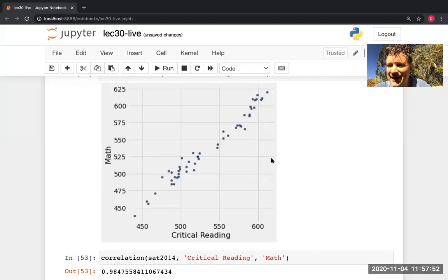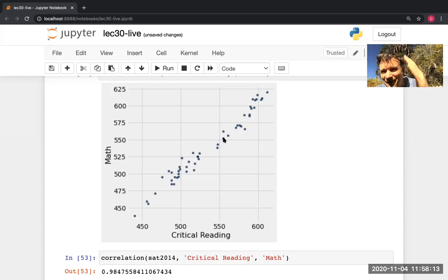It's because they're averages. See what each data point represents here. Each data point represents not an individual, but a state. It's the average of all the students in that state. So what this is saying is not that your math score and your critical reading score are almost exactly identical.